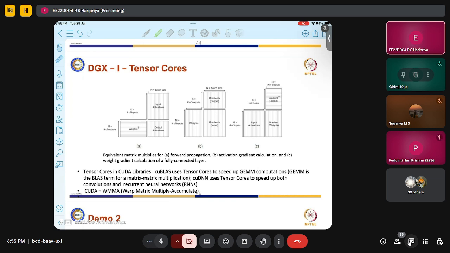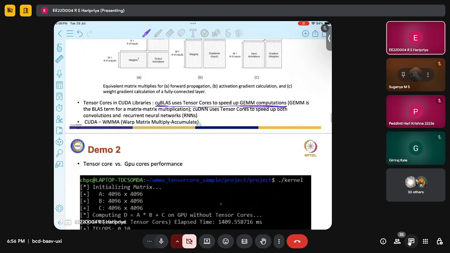So how to use these tensor cores? We have the tensor core CUDA libraries, and this uses the tensor core to speed up the GEMM computation. GEMM is the general matrix multiplication, which you can use for both convolution and fully connected layers.